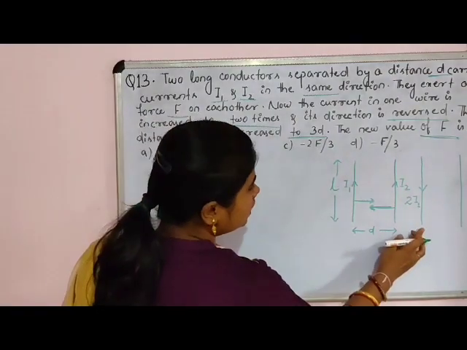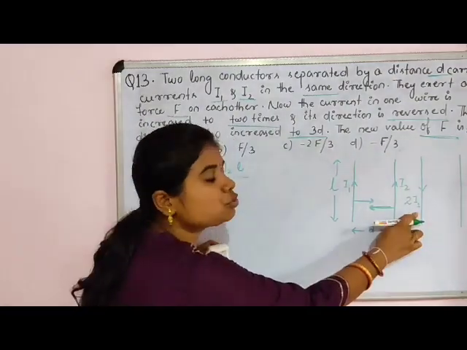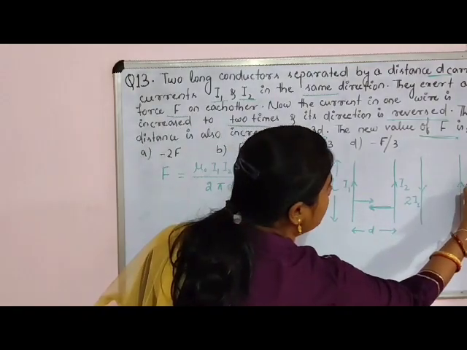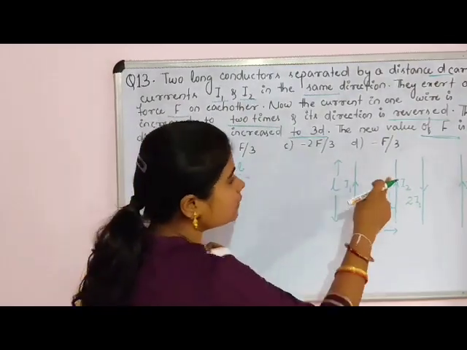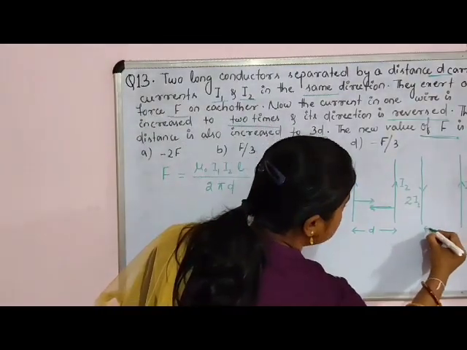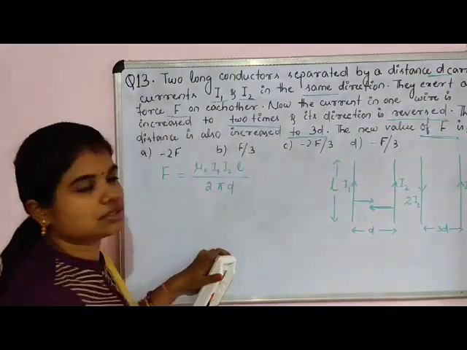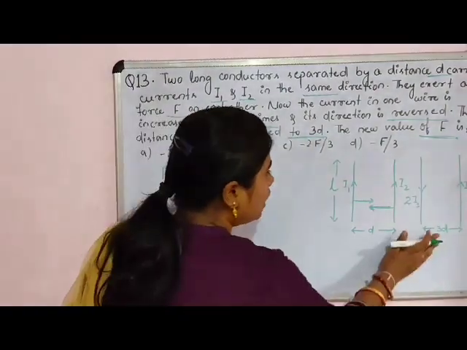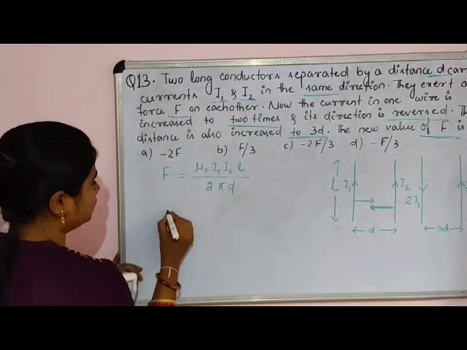So in the first conductor, the current is reversed and the value of current is 2I1. In the second conductor, it is I2 going in the same direction as in the previous case. And also this distance is increased to 3 times the earlier distance. So now whatever amount of force will act, we will need to find that out.